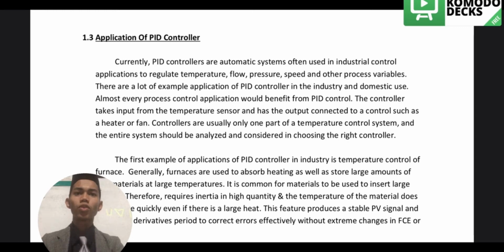It is common for materials to be used to insert large masses, therefore requires inertia in high quantity, and the temperature of the material does not change quite quickly even if there is a large heat. This feature produces a stable PV signal and allows the derivatives period to correct errors effectively without extreme change in FCE or CO.